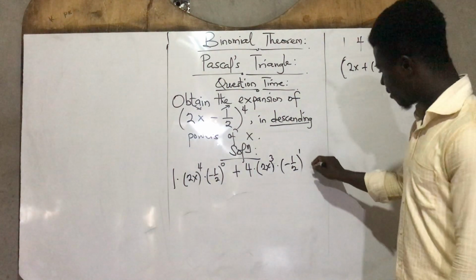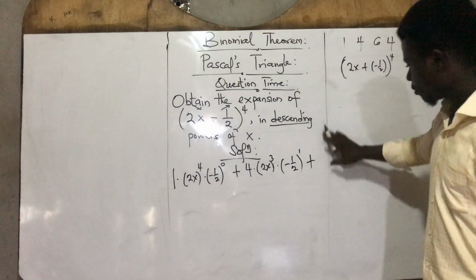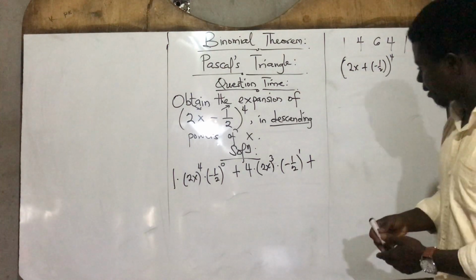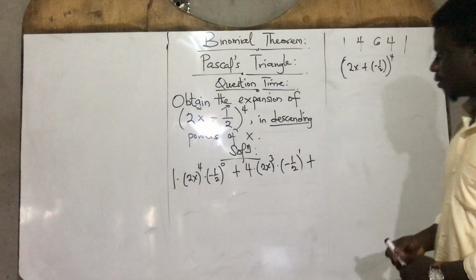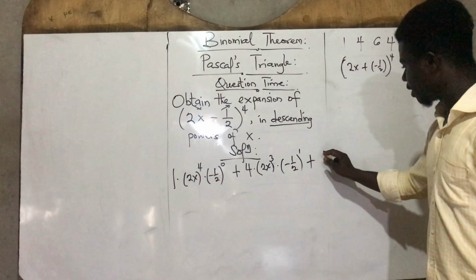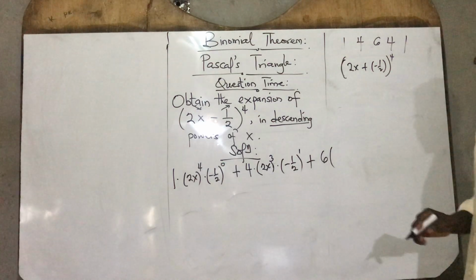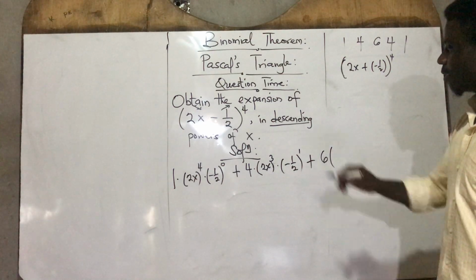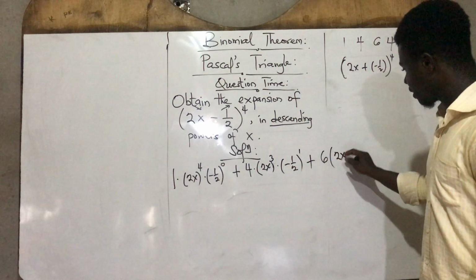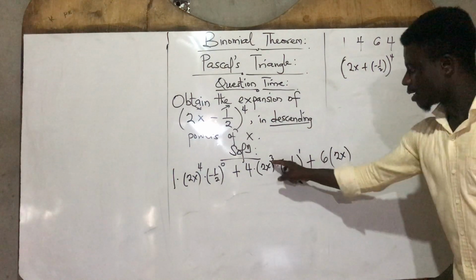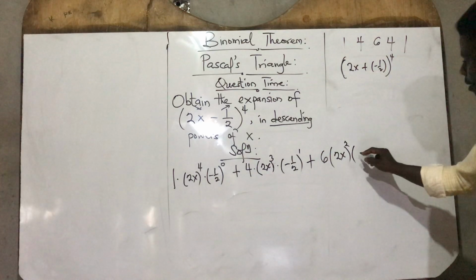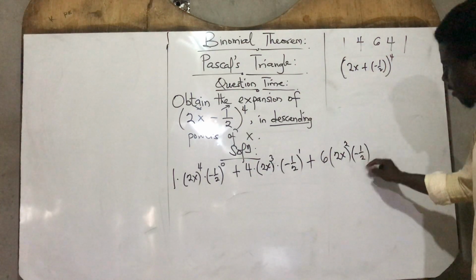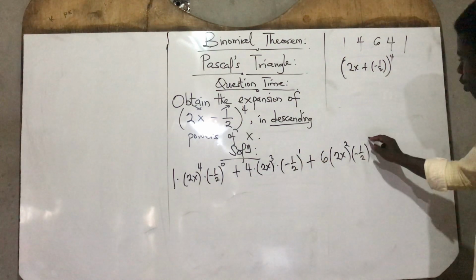Then plus the next coefficient, which is 6. So we multiply it by 2x, which is decreasing, so it moves to 2. Then times minus half, increasing, so it moves to 2.